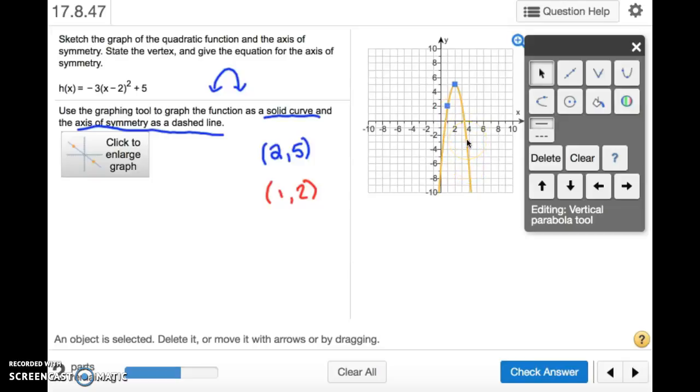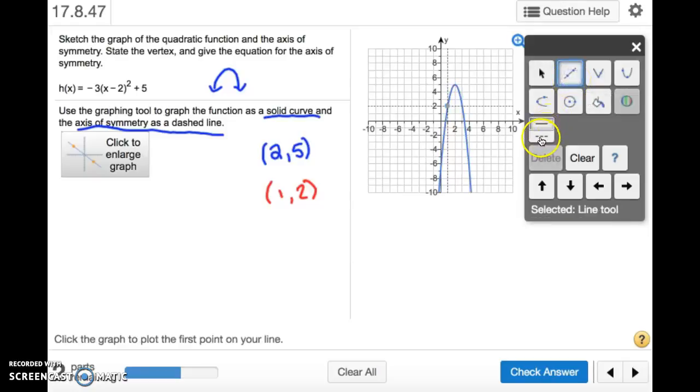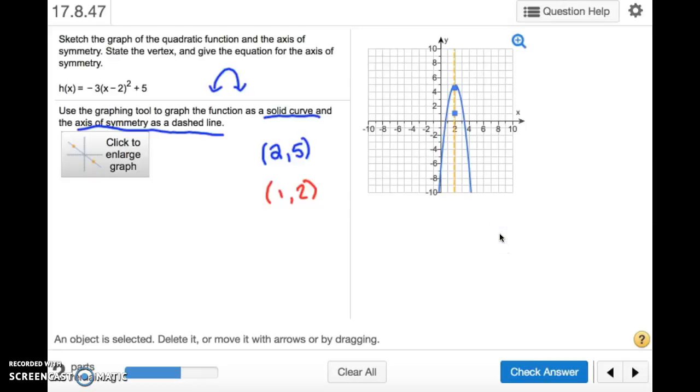Now, it did tell me to graph the axis of symmetry as a dashed line. So I'm going to get a line, and I'm going to make it dashed, and I'm going to click on the vertex, and then I'm going to click somewhere else to make that vertical line. So now I have my axis of symmetry graphed, and I'm ready to check my answer.